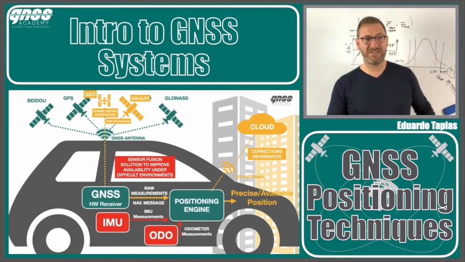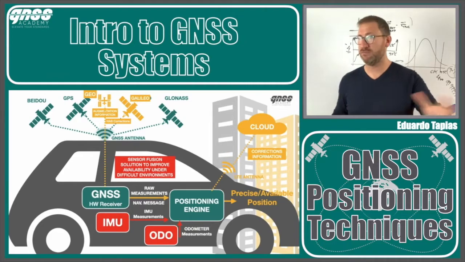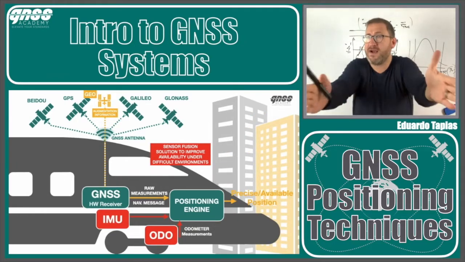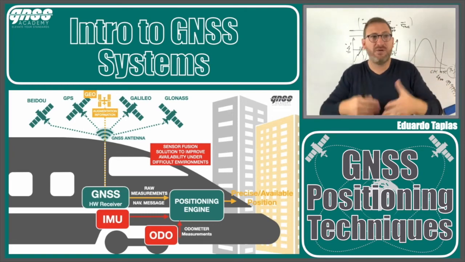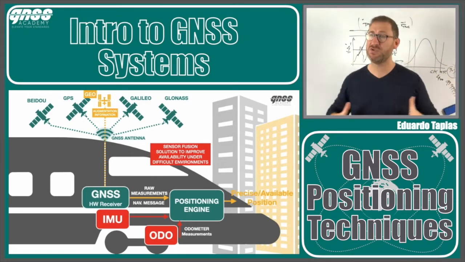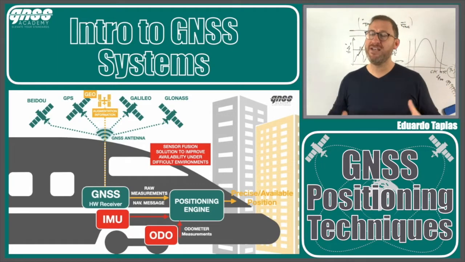If you want. For example, this is very important for autonomous vehicles. An autonomous vehicle is going to cities. In the cities, we need sensor fusion solutions, okay? Or the rail is going through urban canyons, it's going through tunnels, we need also sensor fusion solutions, yes? Then for terrestrial applications, road applications, GNSS alone is not enough.